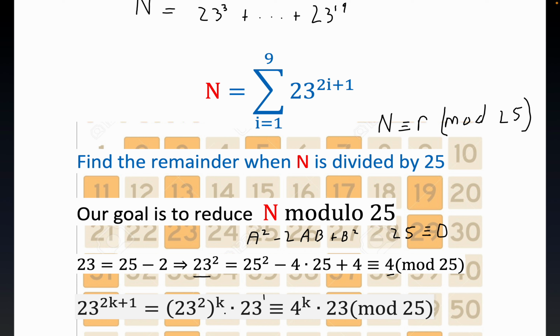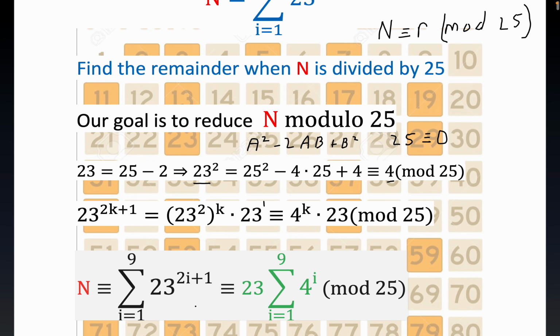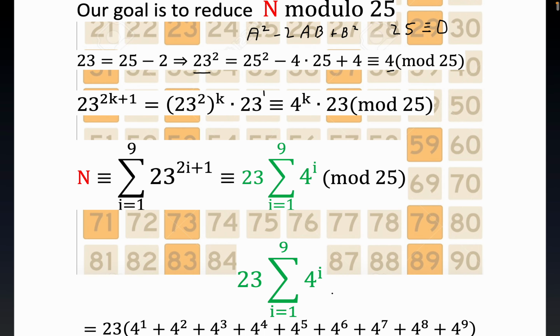That's 23 to the 1st, which explains this 1 right here. So we got a reduction for the general term in the series. The rest of this is just filling in the blanks, putting everything where it belongs. You see the k just changes to an i here, and this is our original problem. So we're looking pretty good here.